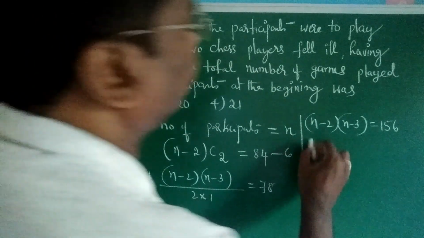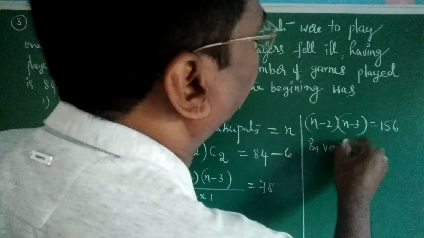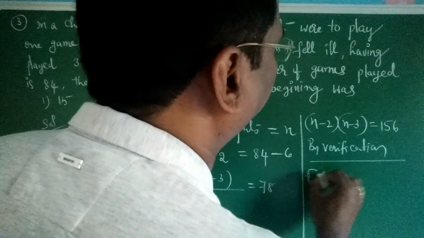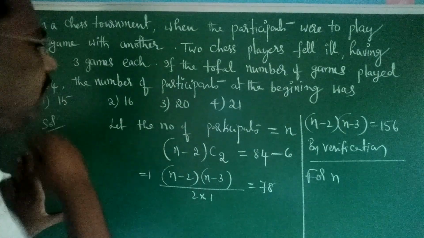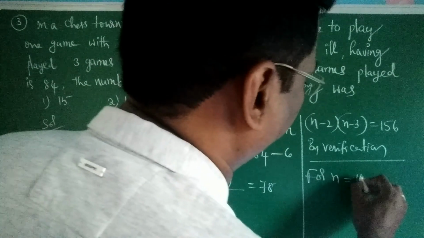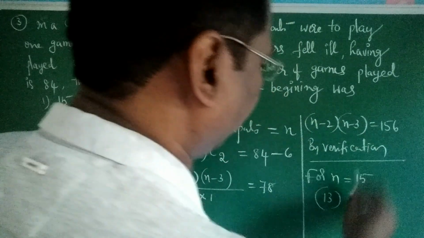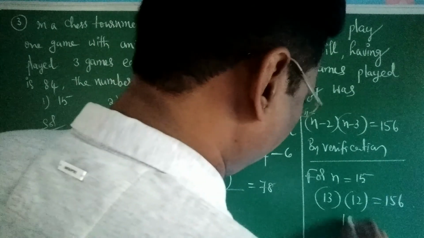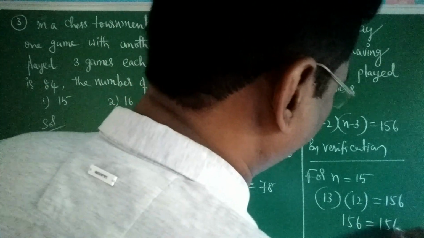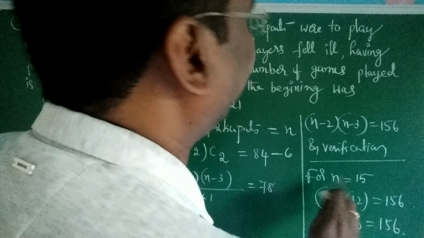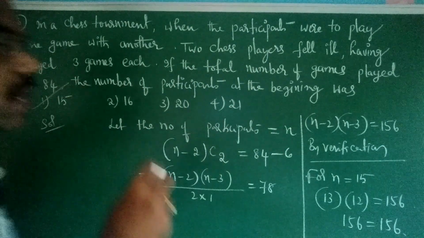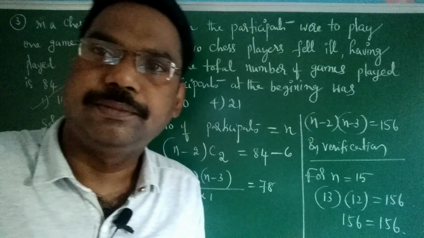Now by verification, for n is equal to 15, the first option: 15 minus 2, 13, into 15 minus 3, 12, is equal to 156. Now 156 is equal to 156. Therefore, n value 15 is the correct one. Option 1 is the correct one.